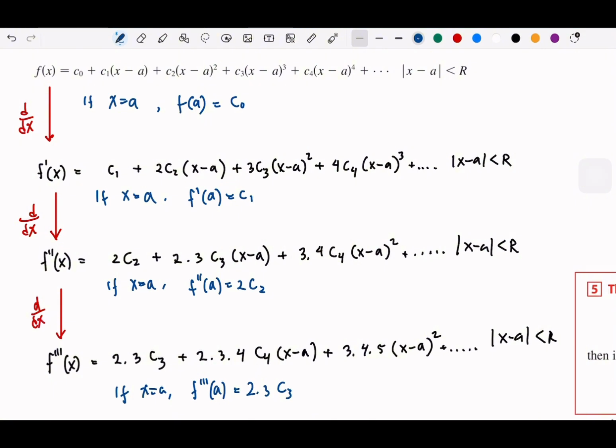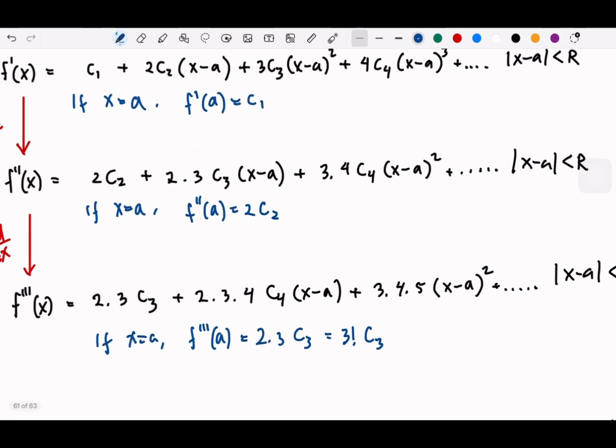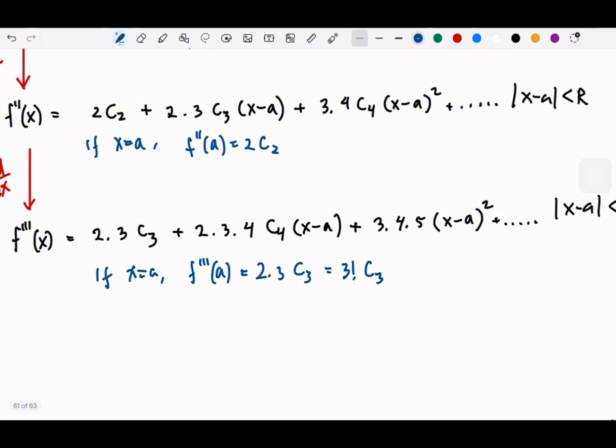This could be written as just 3 factorial times C3. Okay. And if we see all the f prime, f double prime, f triple prime, suppose that we have n for how many times we differentiate at a, this will result in 2, 3, 4, 5, until some n, times Cn, which we can simplify. This becomes n factorial times Cn.